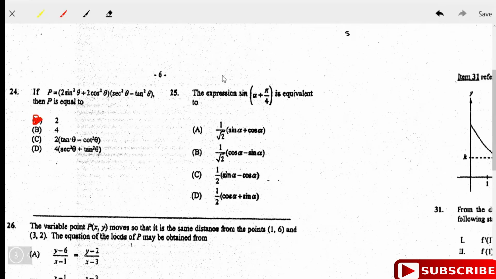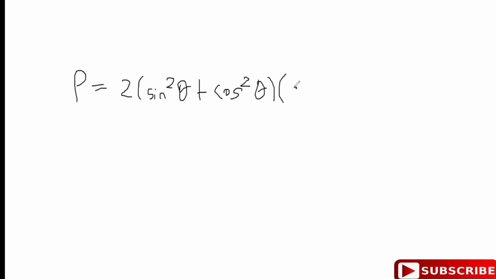So let's just write it down for those that are not seeing what we're saying. P is equal to, we can factor out the 2 to get 2 times sine square plus cos square times sec square minus tan square.